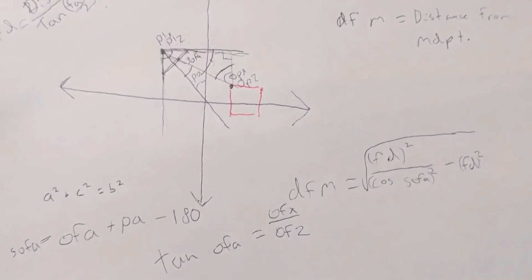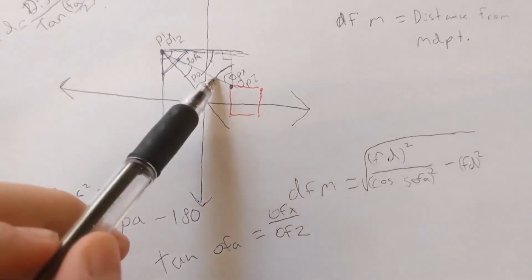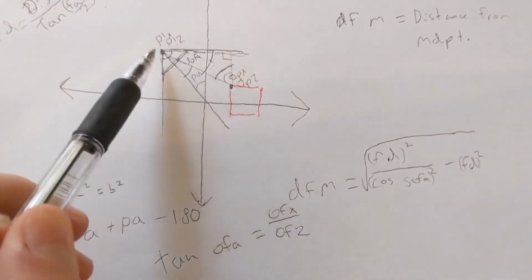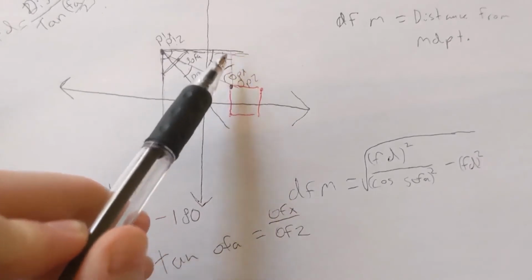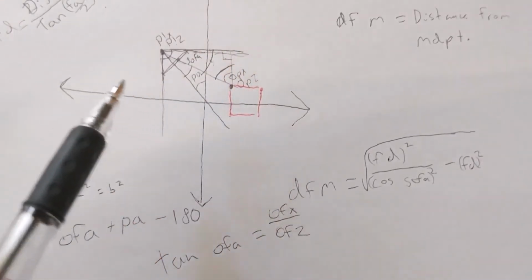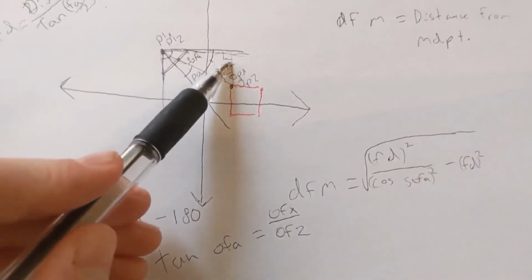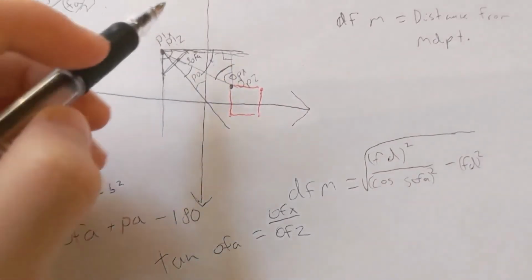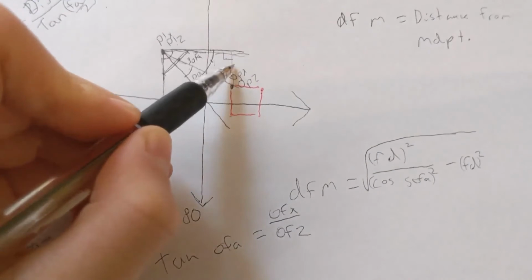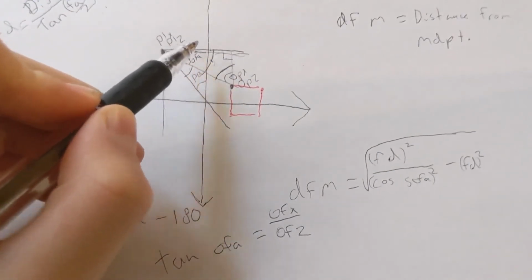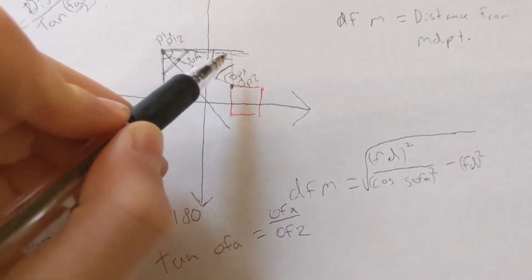So what is the offset angle? The offset angle, as I've labeled here, OFA, is this angle here in this triangle of the X offset and Z offset. We can find this angle by taking this side over this side, right?